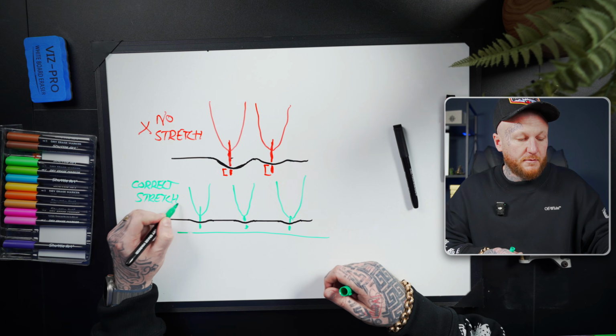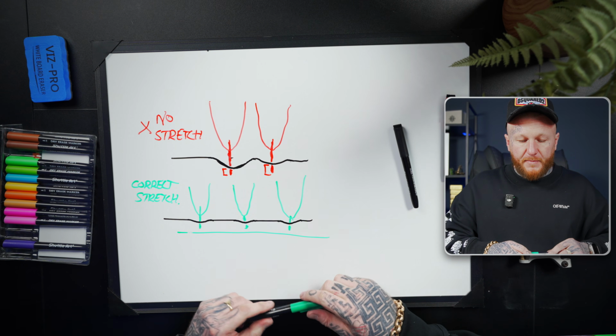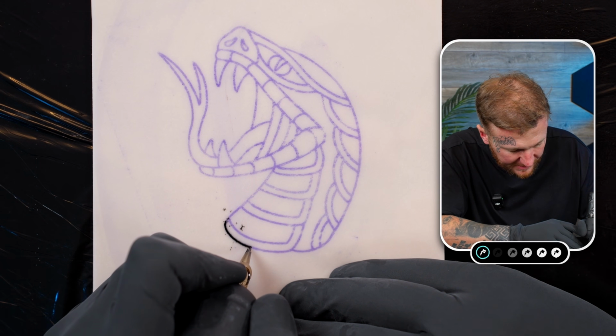That means that the needle is moving down into the skin, then back up between 60 and 150 times every single second. Each one of those movements is a strike. Each one of those strikes is supposed to deposit ink at a specific, consistent depth within the skin. That consistency of depth is what produces a clean, consistent line.